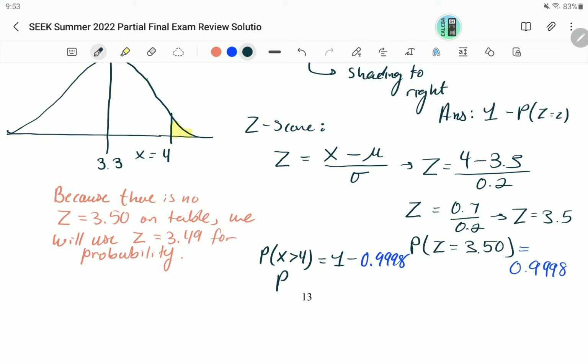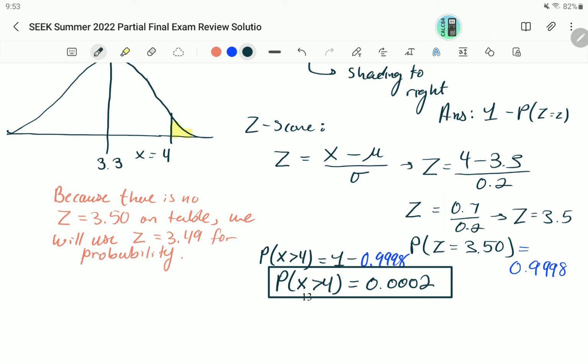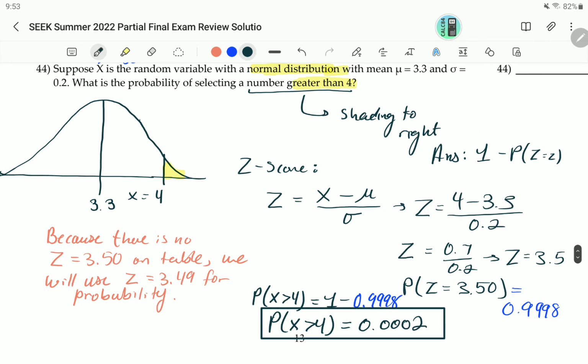So the probability that x is greater than 4 is going to equal 0.0002. And this right here is the answer. Once again, remember, because the area is shaded to the right, to find your answer, it is 1 minus the probability of the z-score. The probability of the z-score is 0.9998. Subtract that from 1 to find your answer to this question.